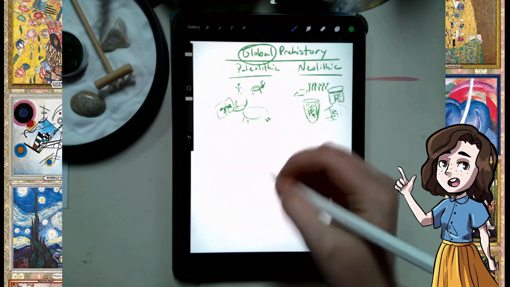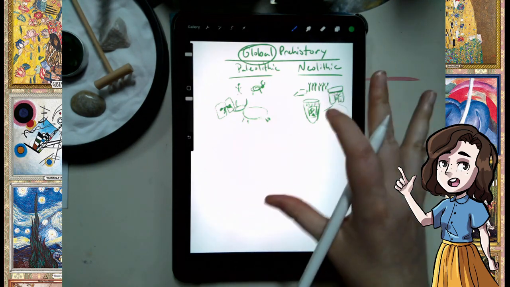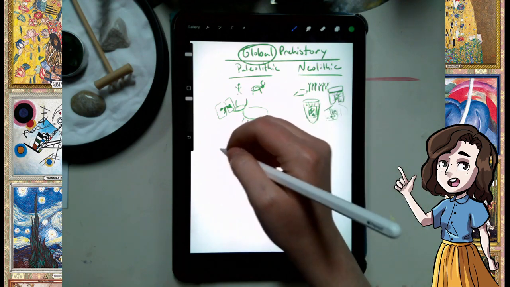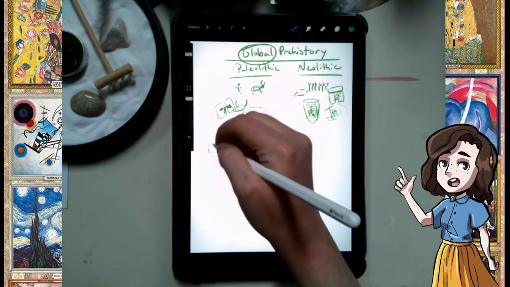Now, the cool thing with global prehistory is that it is global, right? So our big civilization before it's civilization, words, right? We have pop-ups across the entire globe.